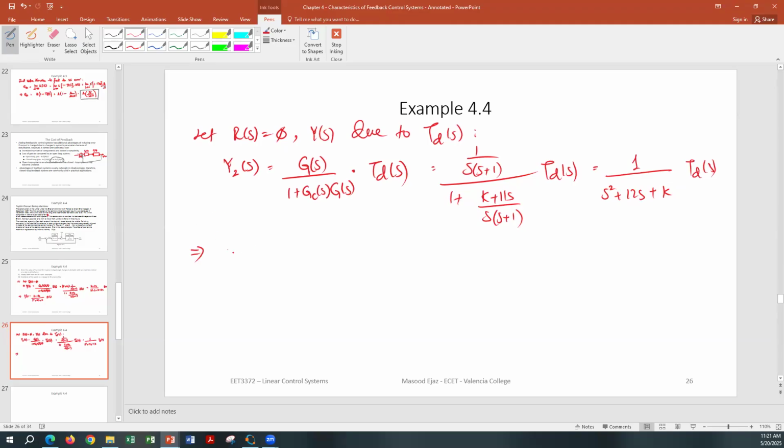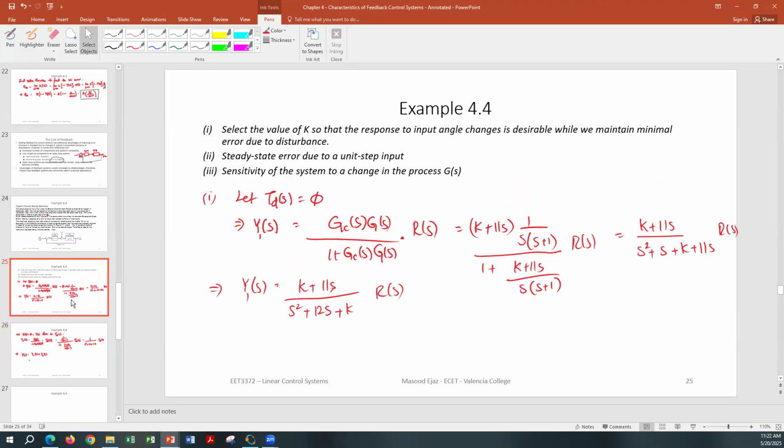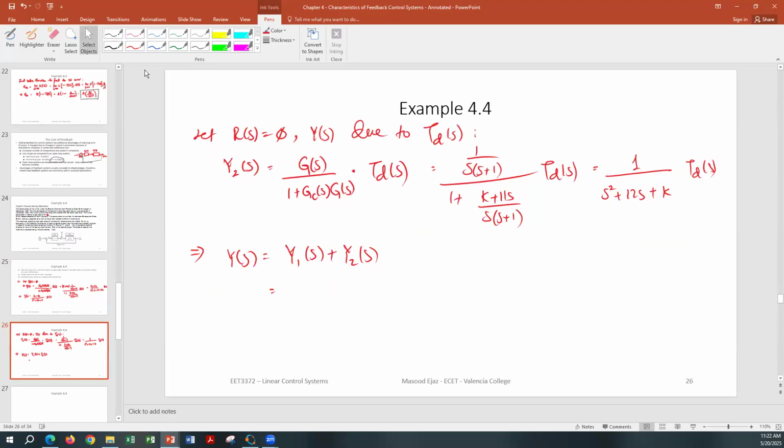So the complete output due to both signals will be the sum of both outputs. And that is (K plus 11s)... And that's the expression for Y because of R(s) and TD(s).